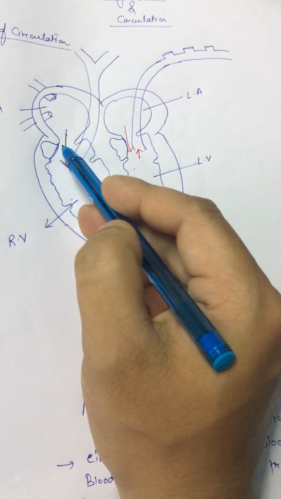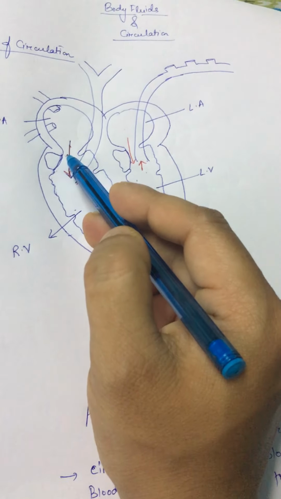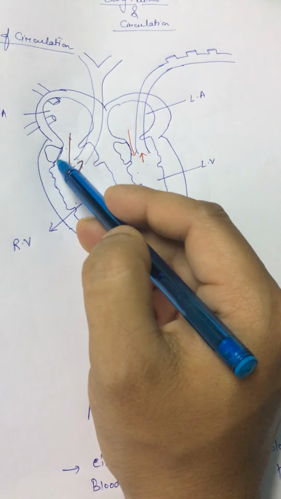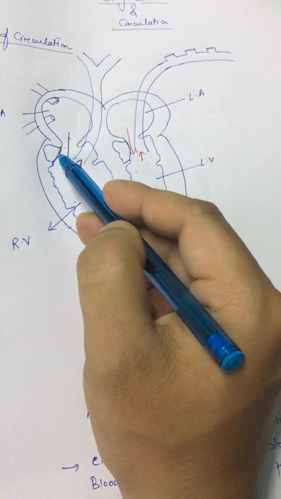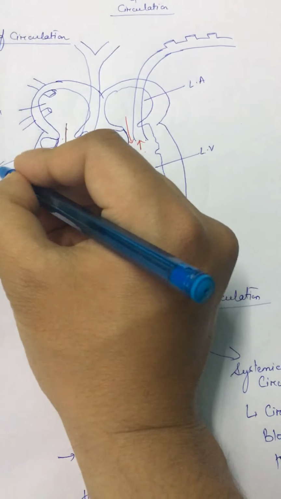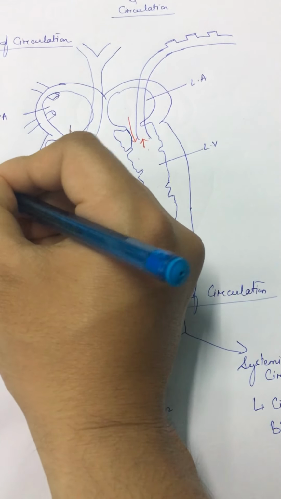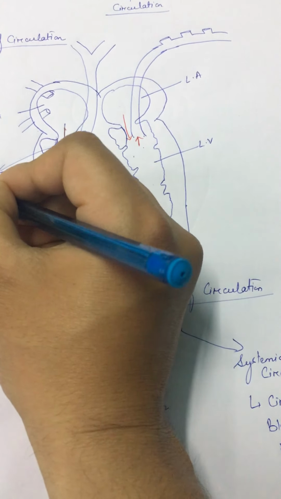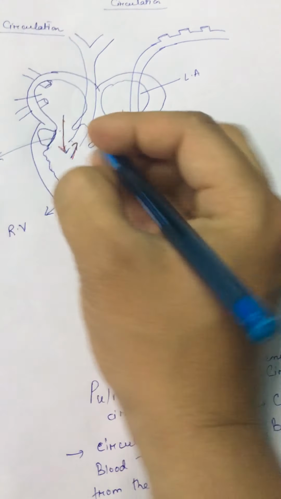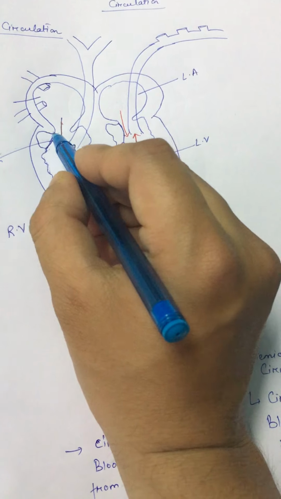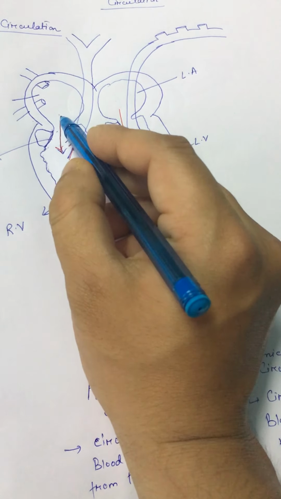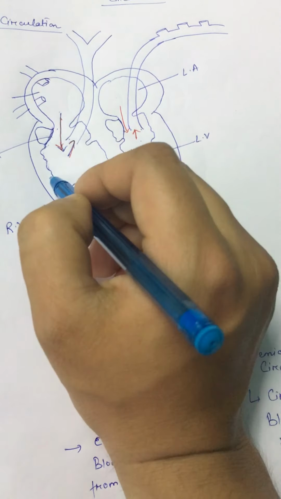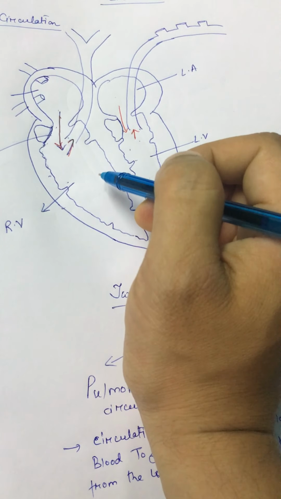Attached to the valve with the papillary muscles are the chordae tendineae. These help in fixing the valve at one position so that the valve does not go up and backflow of blood does not take place during ventricular systole.